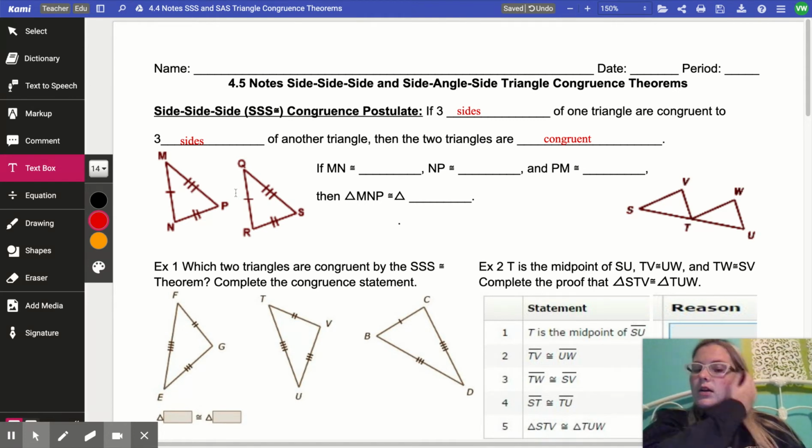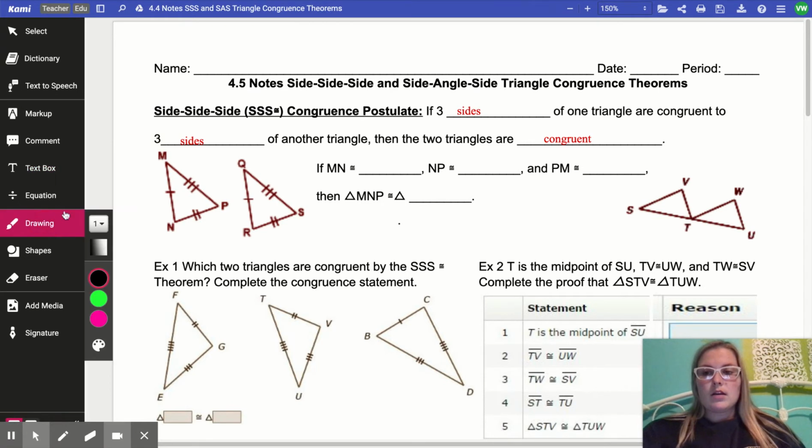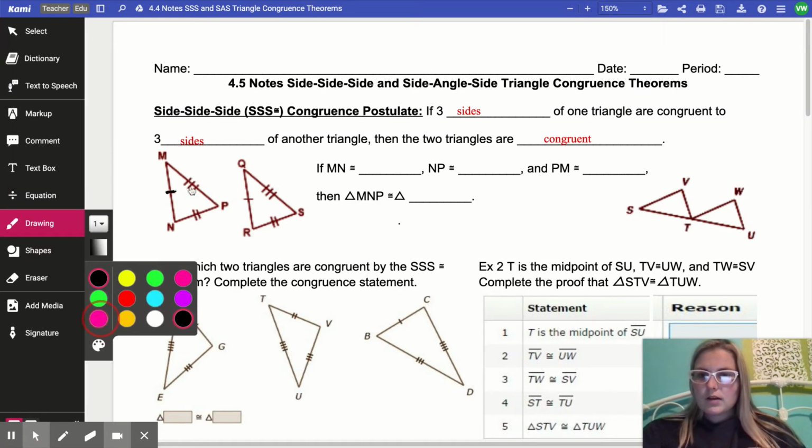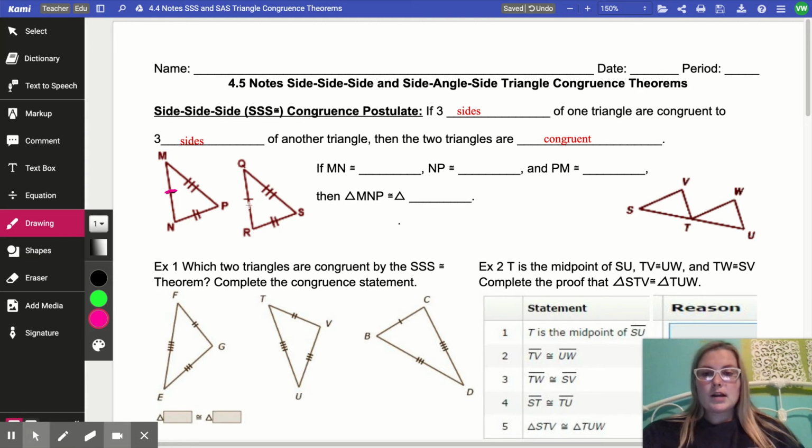Okay, so we're going to look at these two triangles down here. We have triangle MNP and triangle QRS, and we see we have these different tick marks. We have one here, one here, two here and two here, and I'll leave the three in that maroon color.